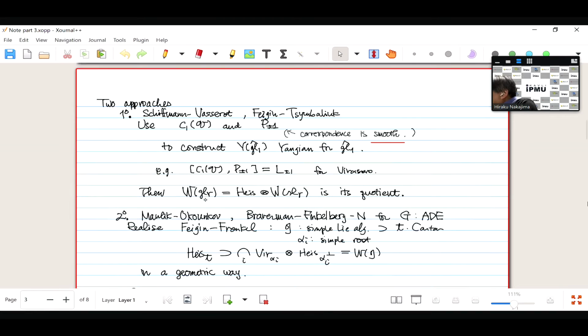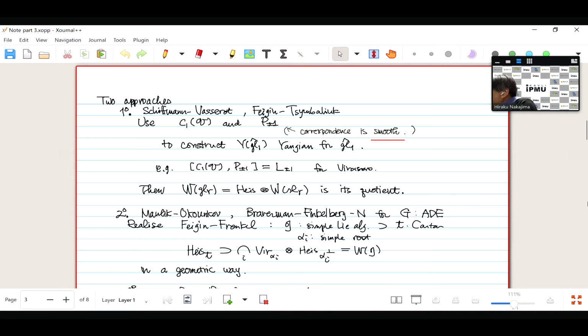Mokhov and Kunkov consider type A, and Braverman, Finkelberg and I study general groups by a different method.